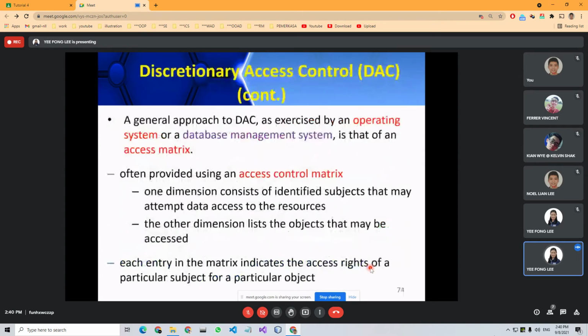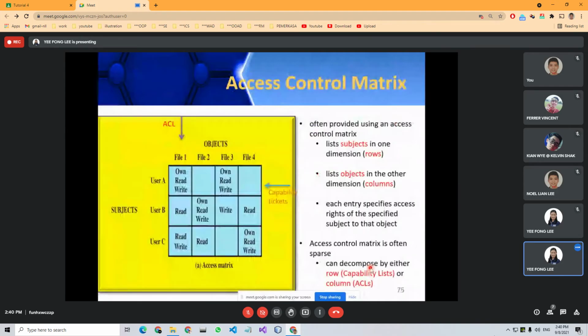Okay, second slide. Here, often used is the access control matrix. This one is an access control matrix. So it means they put it in a table form, easy to view from here. This is a simple example of an access matrix.